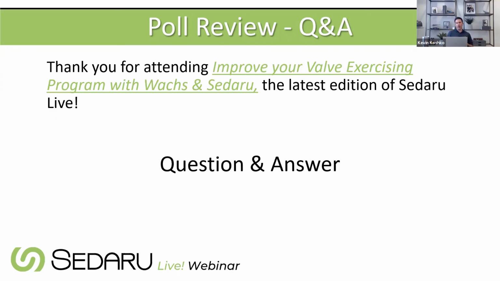Those values, we have what we call save targets that allow you to save those to different places within your GIS. So that could be a historic table, the asset feature class, or a work order record. So depending on where your data lives, Sedaru is built to store that in your GIS system. Awesome.